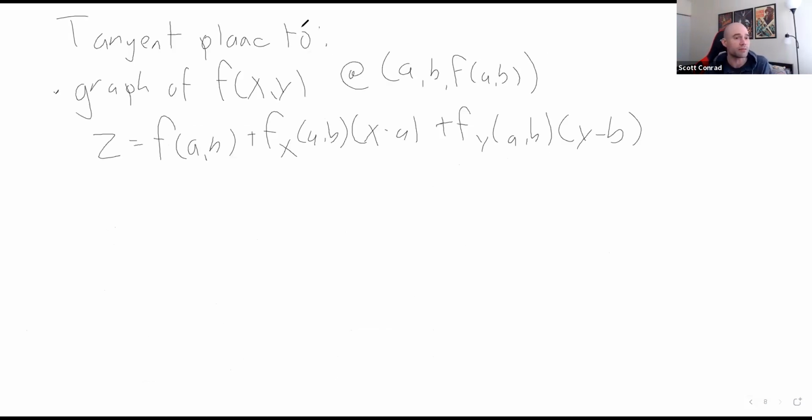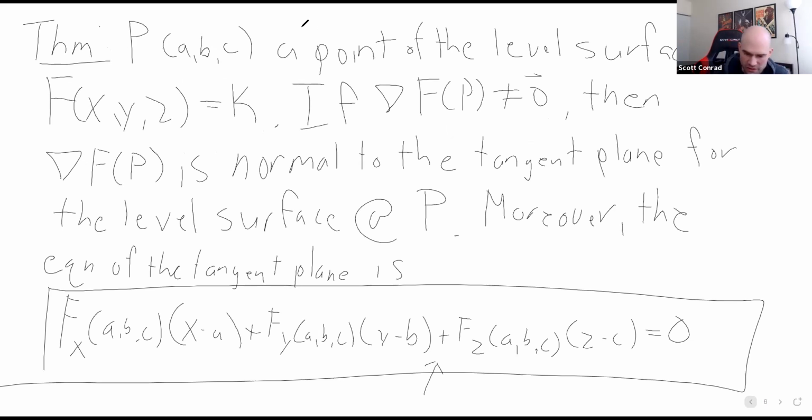So we can't write it as the graph of a single function. But what we can do is show how these two are actually the same thing. If you know this equation here, you can derive the second equation.